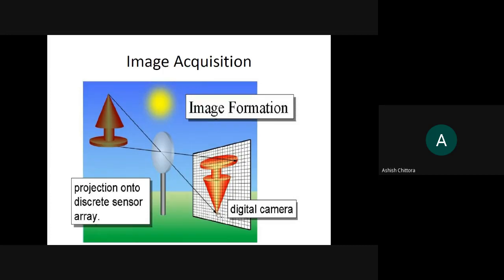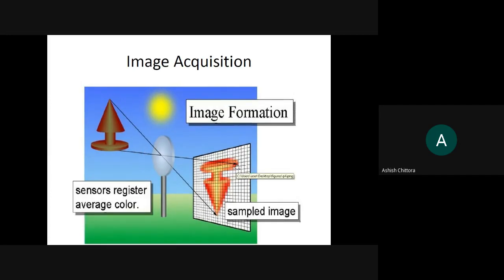These discrete sensors record the energy falling on them in the form of voltages and currents, and that energy is finally discretized again in intensity. That discretization is in the case of amplitude. So in space as well as in amplitude, both domains, we discretize this image and finally it is recorded.